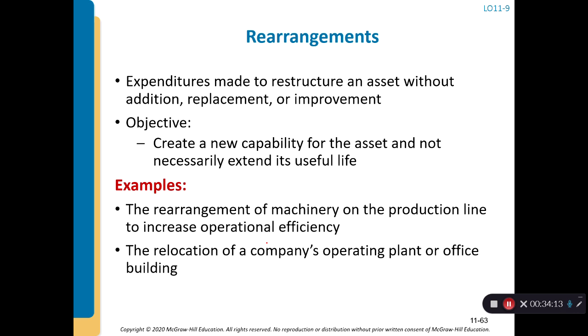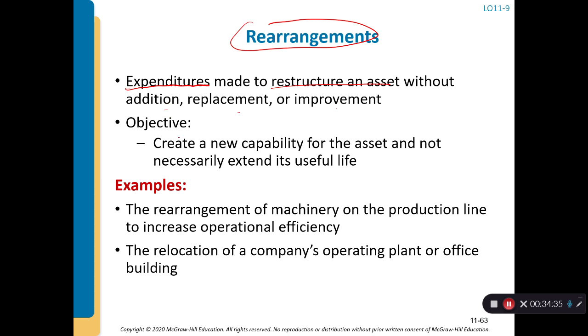Okay, so the last situation is expenditure made to reconstruct or restructure an asset without addition, replacement, or improvement. We call it rearrangement. It's money that you spend to reconstruct the asset, but it's not an addition, not a replacement, not an improvement.